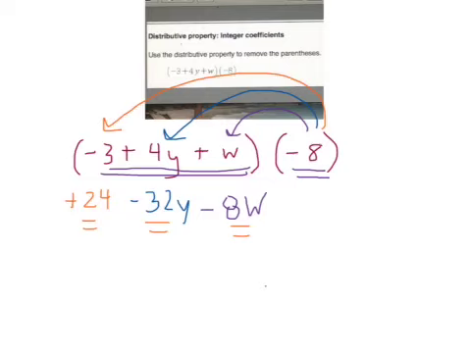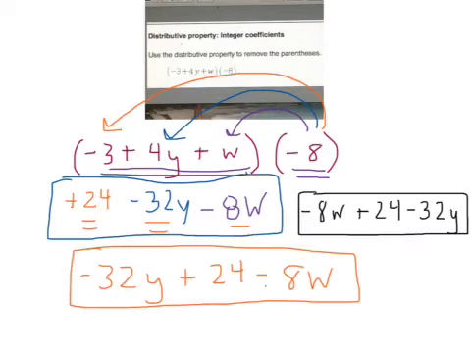I could write -32y plus 24 minus 8w as well. That would give me the same answer, and hopefully that is some assistance with this particular problem. Each of these three answers would be considered correct.